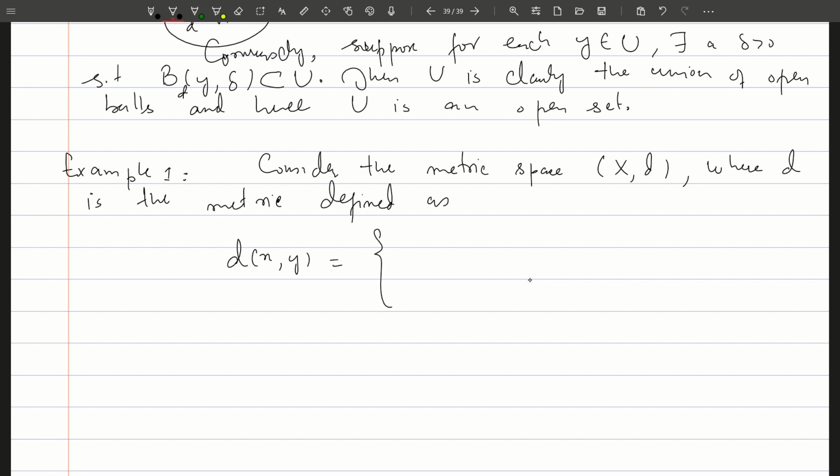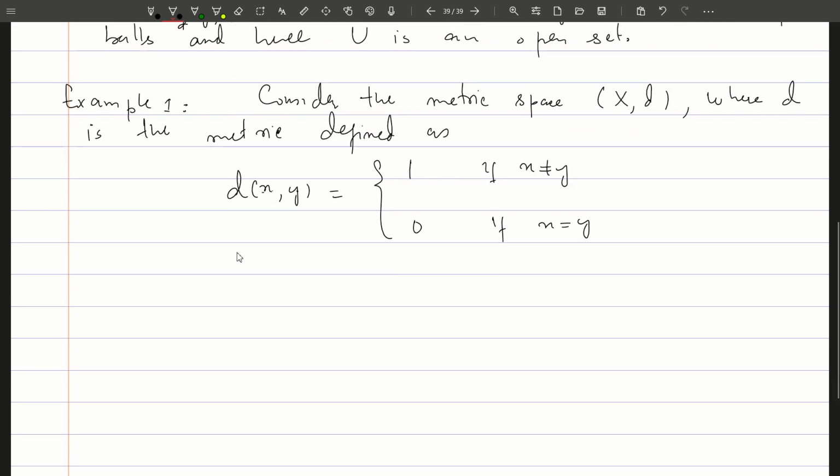So d(x, y) is either 1 or 0. It is 1 if these two points are not equal, and it is 0 otherwise, i.e. if x is y. Now let us look at the open balls which are induced by this metric. I mean, how the open balls will look when d is the discrete metric.